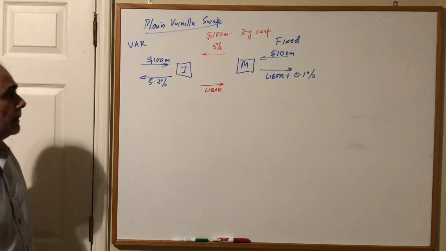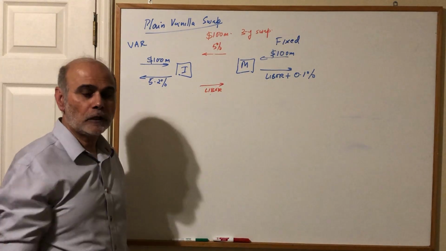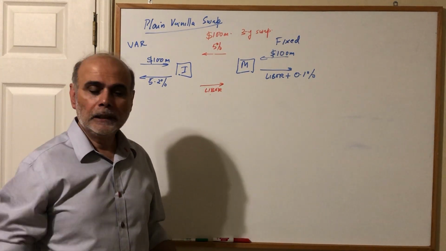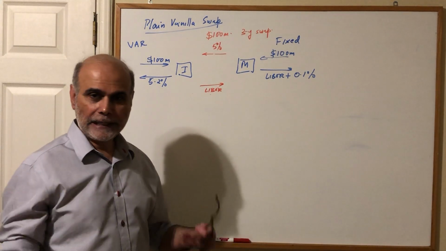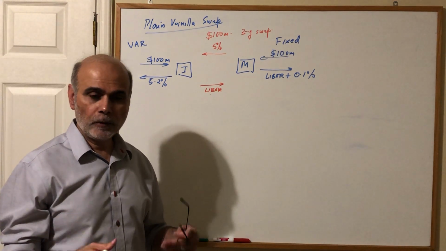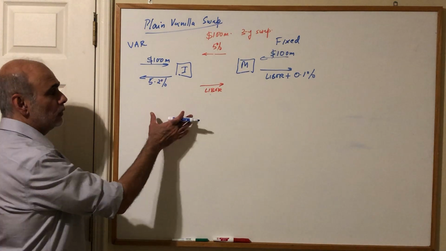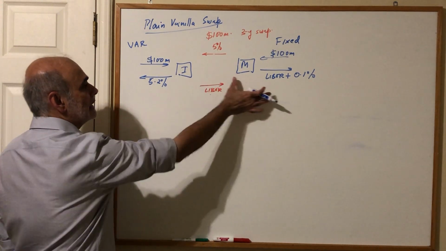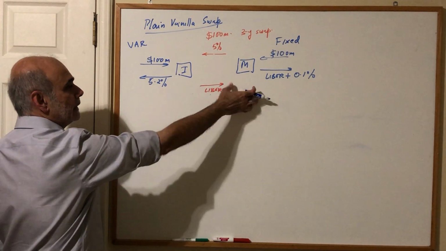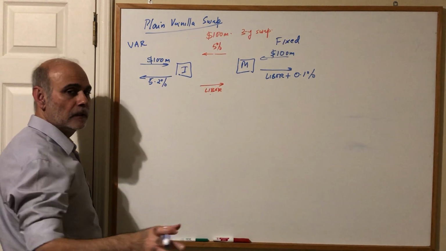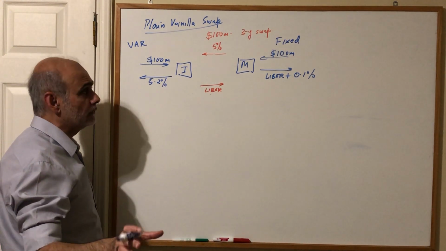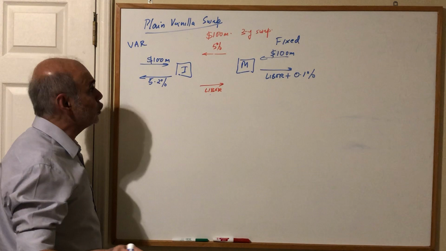Now remember, I'm not saying that Intel and Microsoft went to the market at the same time. They could have gone to the markets at different times, and then they meet up, and now they want to change the characteristics of their cash flows. Okay, so now each of these guys have taken the most favorable terms offered by the market for the debt they issued.